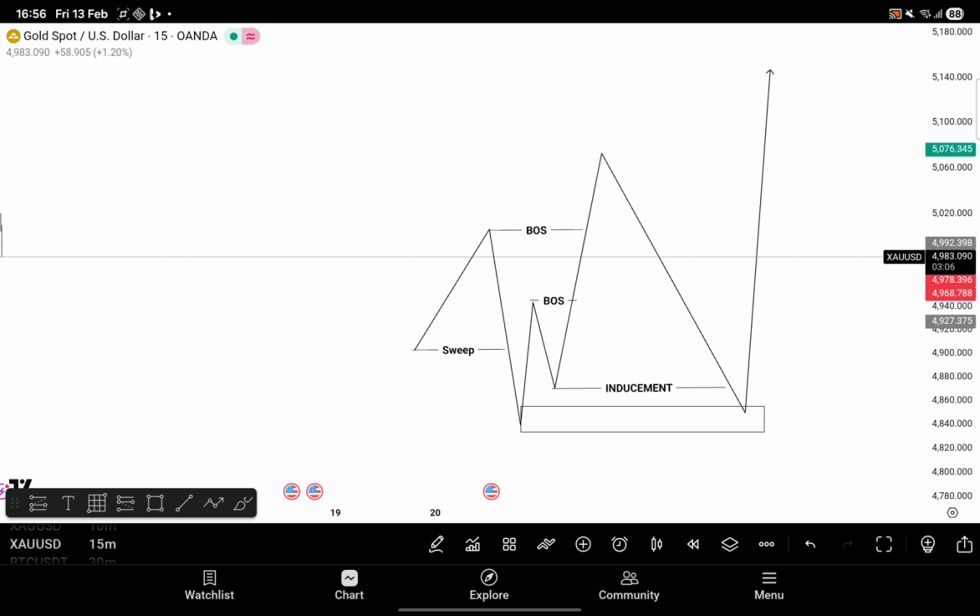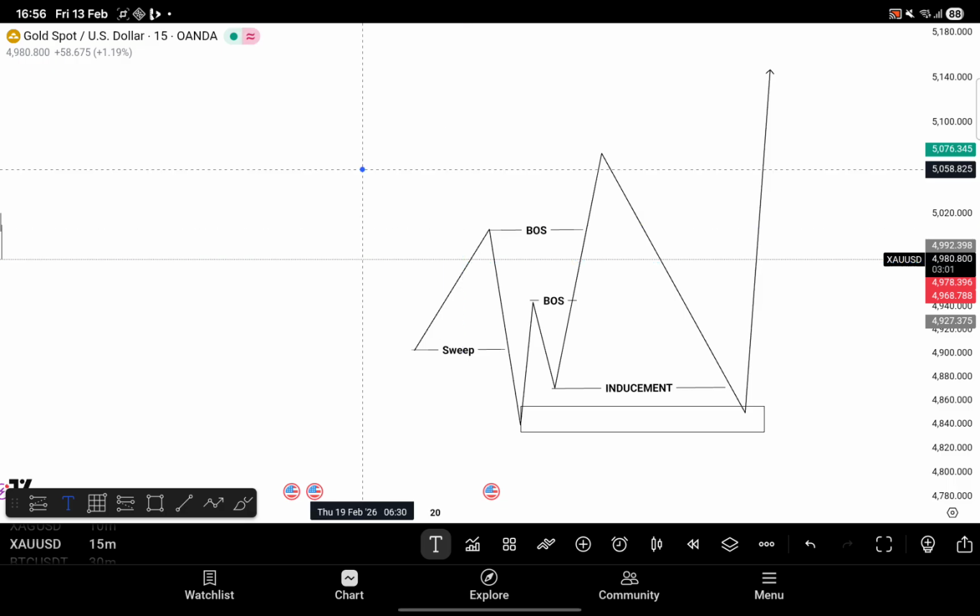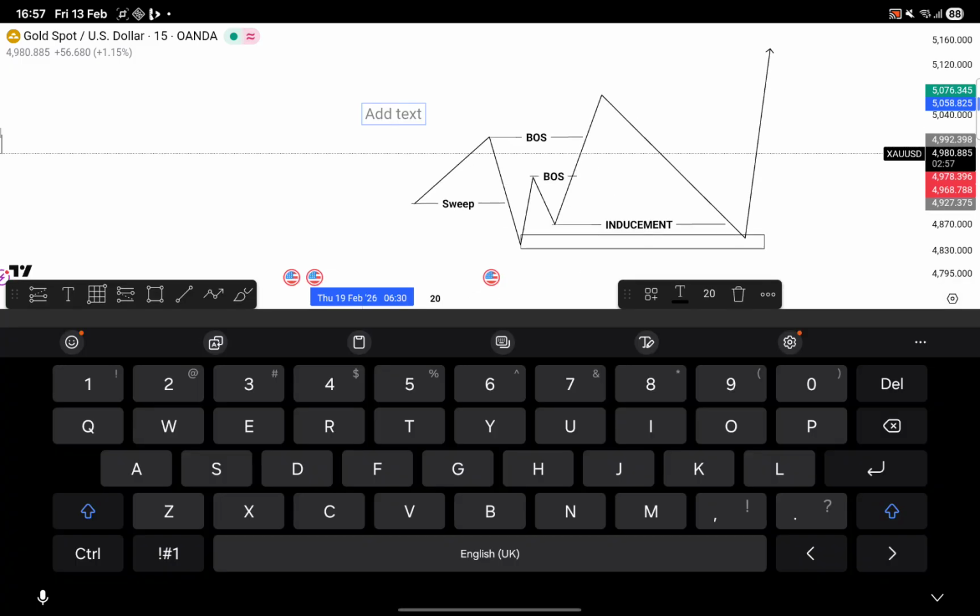I call this entry model the type C entry model.